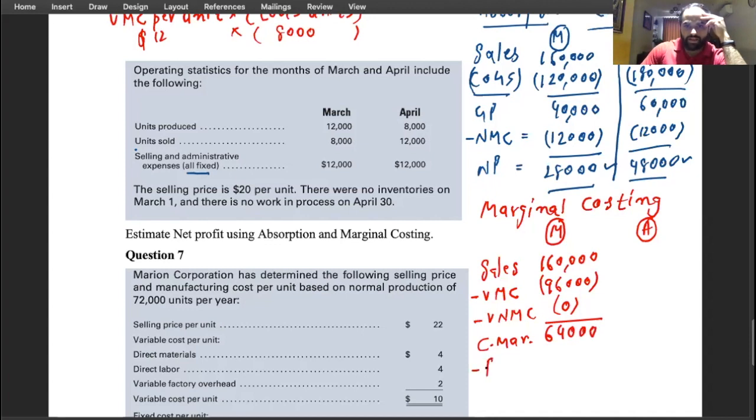Minus fixed manufacturing. How much is fixed manufacturing?